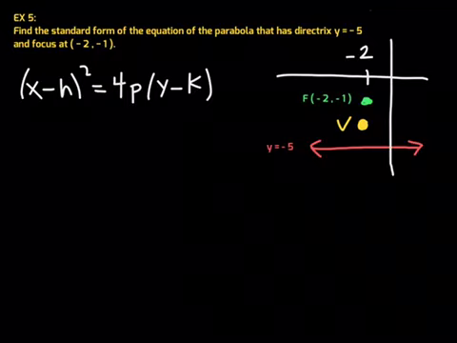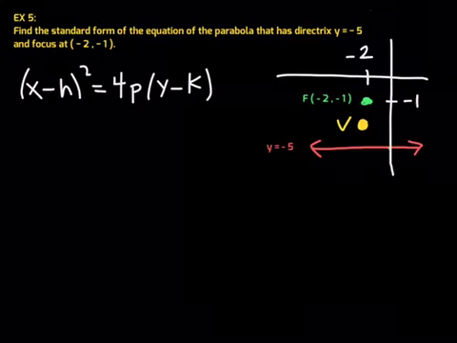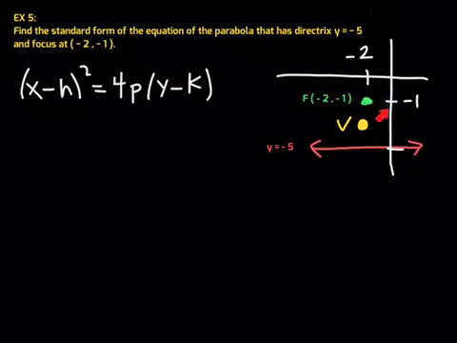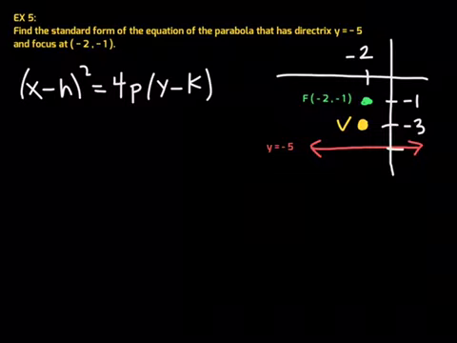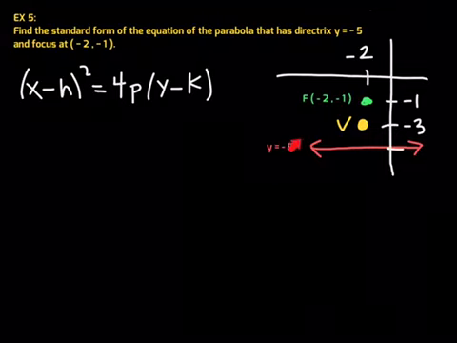And if this is -1 and this is -5, what is right in the middle between -1 and -5? -3. That's right. -3 is right in the middle between the y-coordinate of -1 and the y-coordinate of -5.